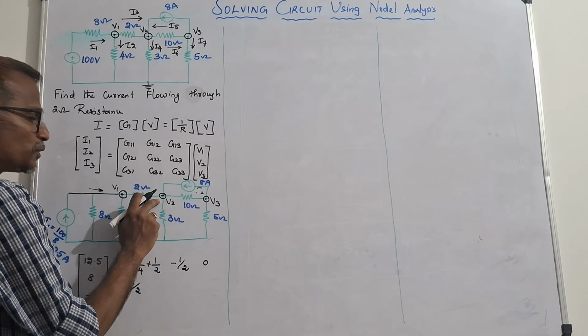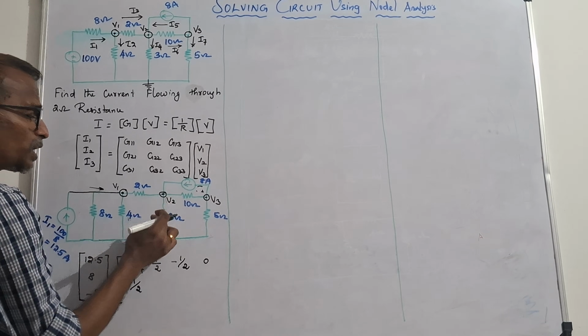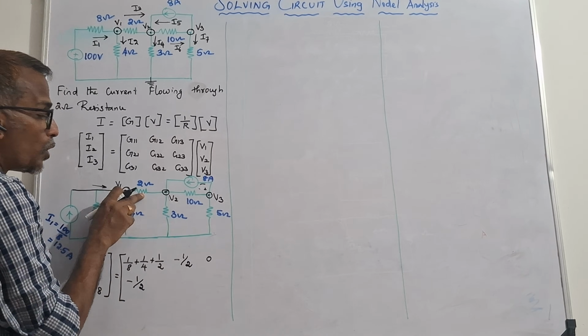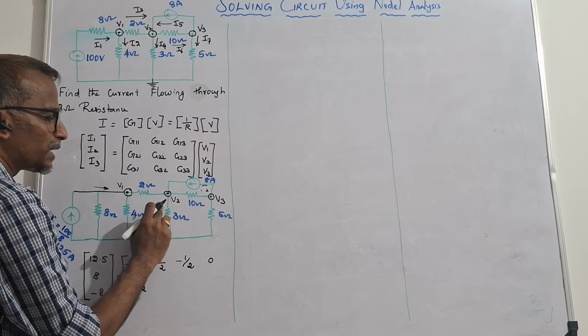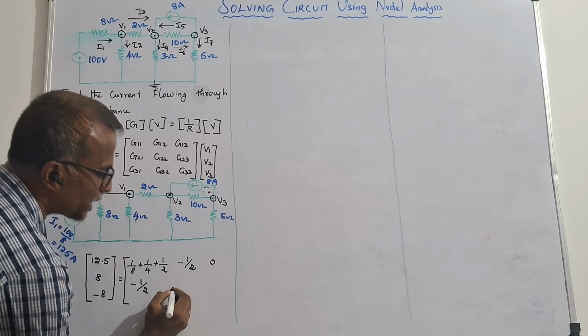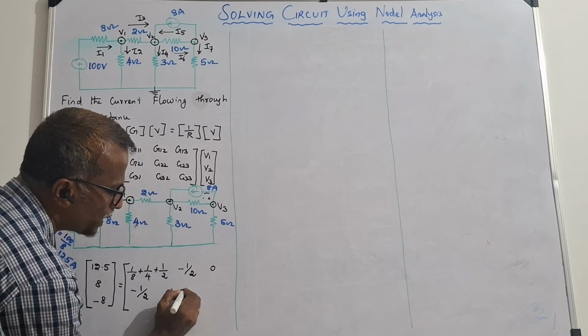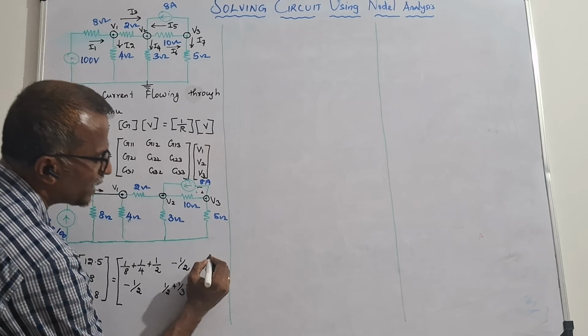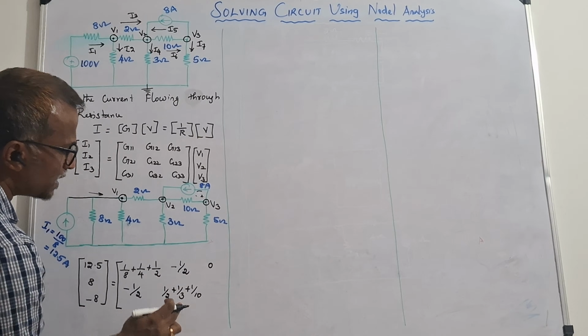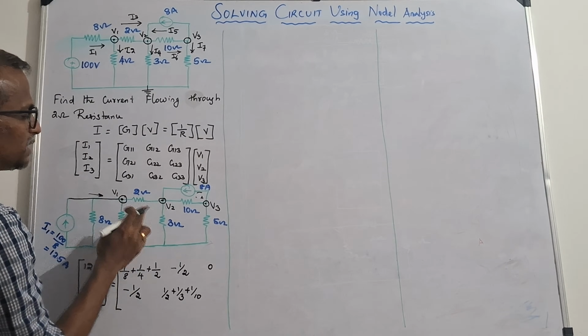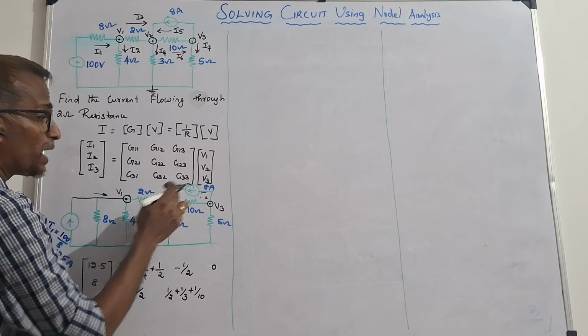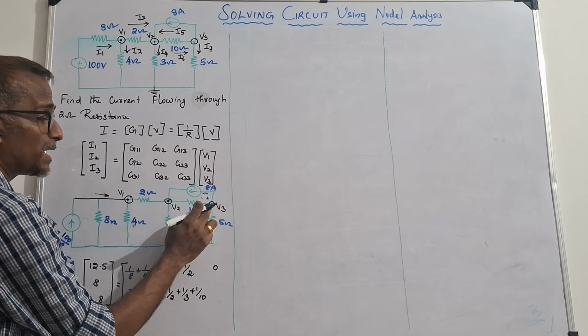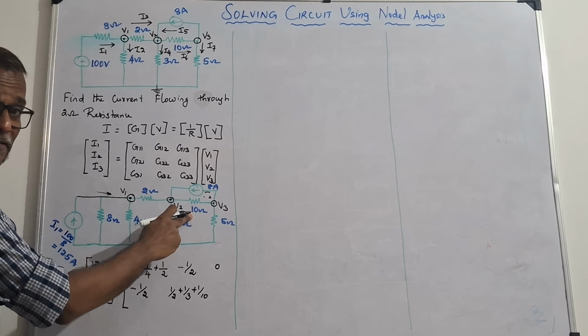Then second node, what all the conductances are connected? 1 by 2 ohm, 1 by 3 ohm, 1 by 10 ohm. So we can write 1 by 2 plus 1 by 3 plus 1 by 10. Then G23 means second node and third node, where a 10 ohm resistance is connected.